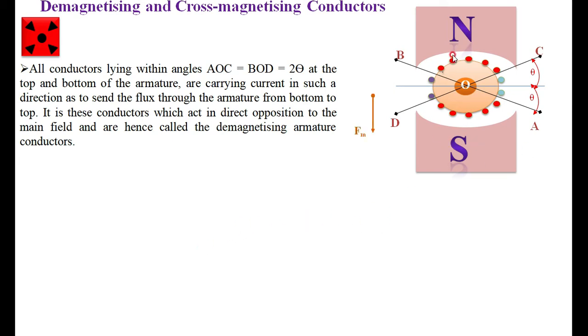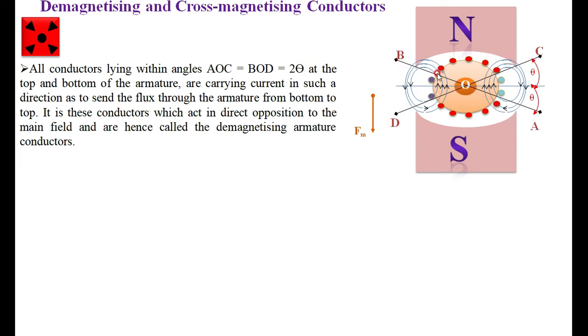Okay, the main flux acting from N to S is represented by the vector Fm, whereas the demagnetizing effect opposes the main flux. You can see here the lines of force produced by the armature flux between the conductors BOD and COA.